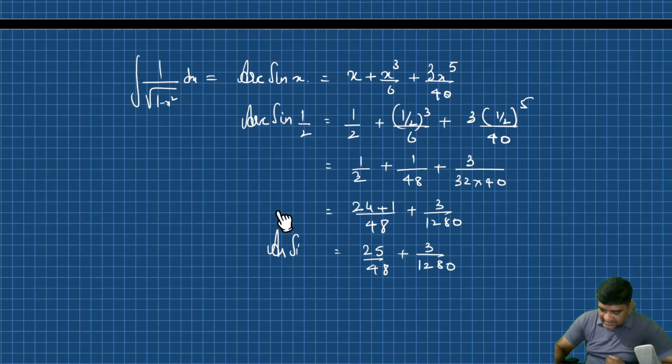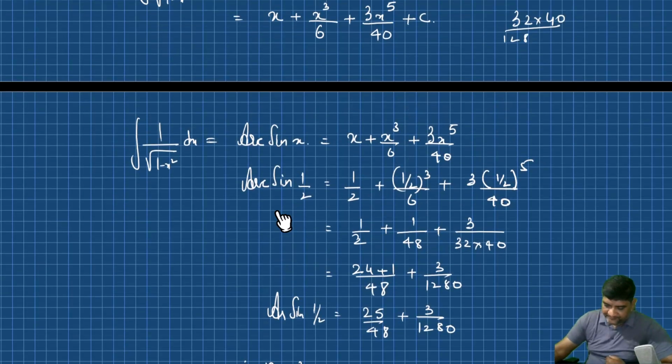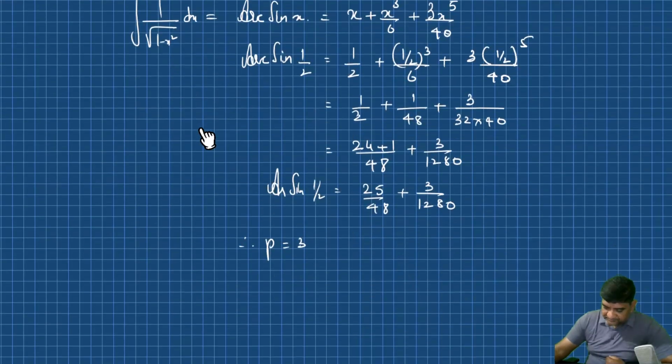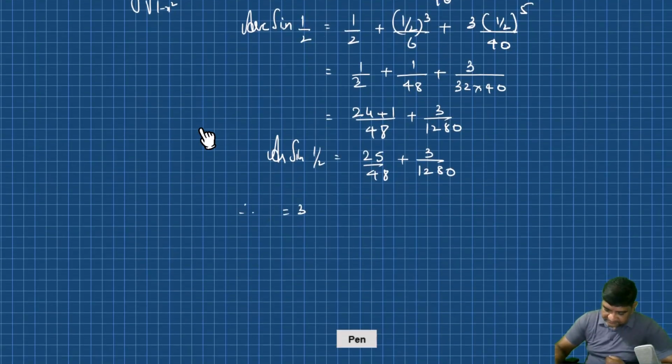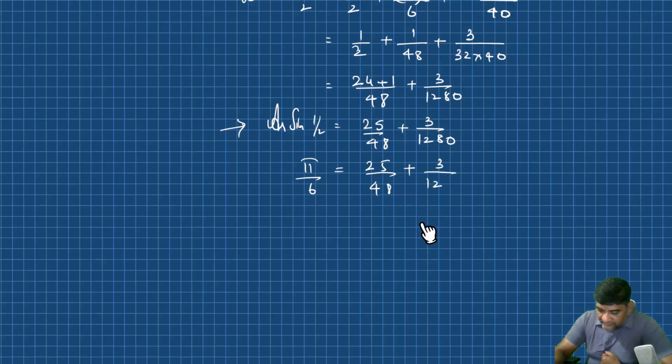That's arcsine, inverse sine of 1 over 2, which basically tells me that the K value is a 3. So this is what I end up with. I know that arcsine of half is going to be so and so, but I also know that arcsine of half is pi by 6, and that's going to be equal to 25 by 48 plus 3 over 1280.